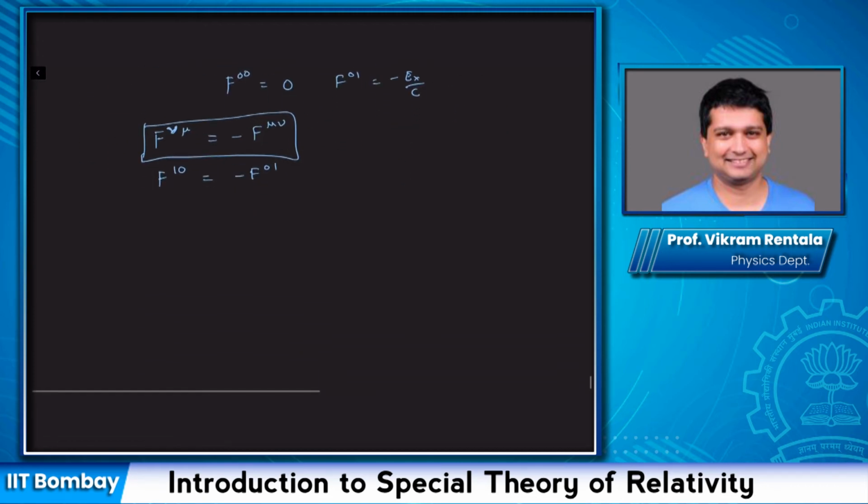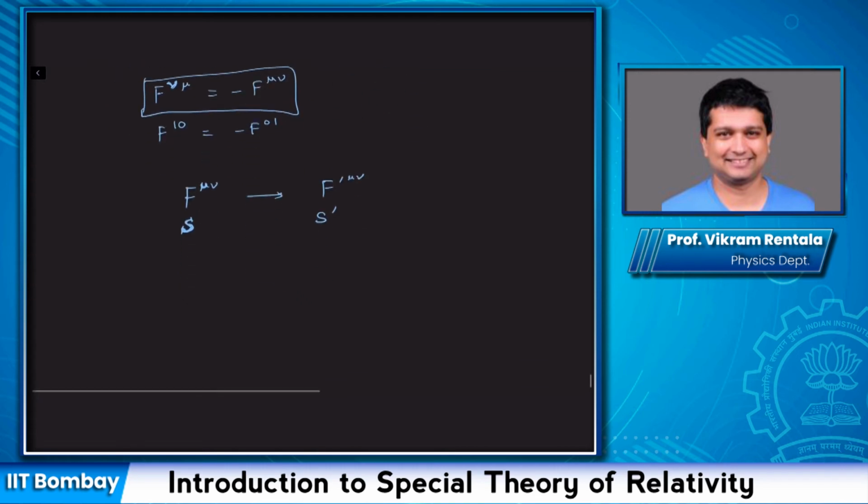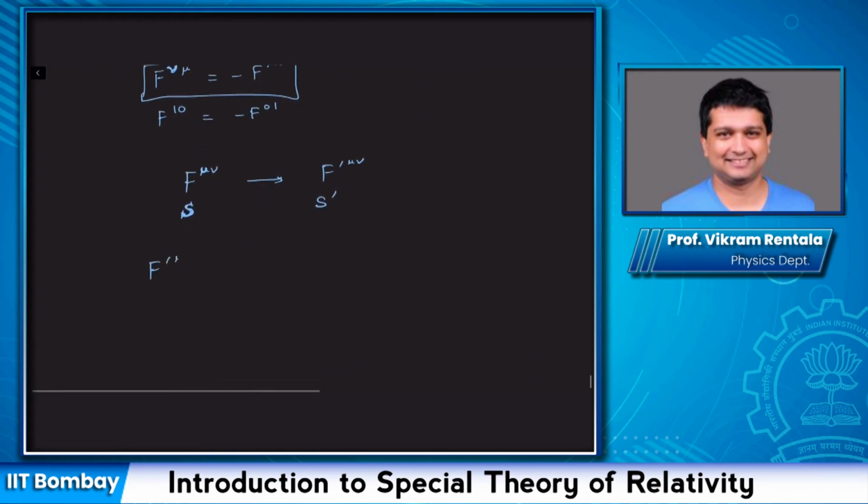That is, we're assuming that the electromagnetic field F mu nu, or the field strength tensor, transforms like a tensor, which means that if I know the field strength tensor in one reference frame S, and I want to know what the field strength tensor is in a different reference frame S prime, then, assuming I know the Lorentz transformation matrix, I would calculate something like this: lambda mu rho, lambda nu sigma, F rho sigma.